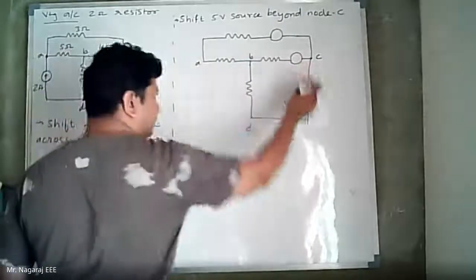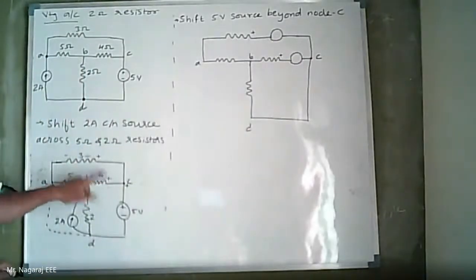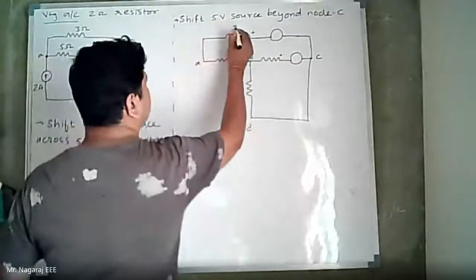So this should be replaced by short circuit. Now this should be at positive potential, this should be at positive potential, 3 ohm and 4 ohm.